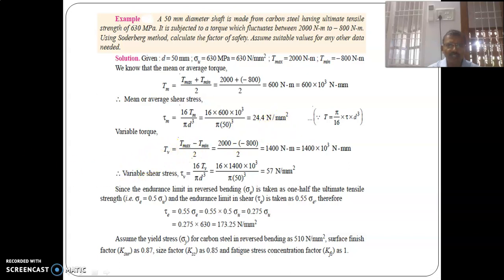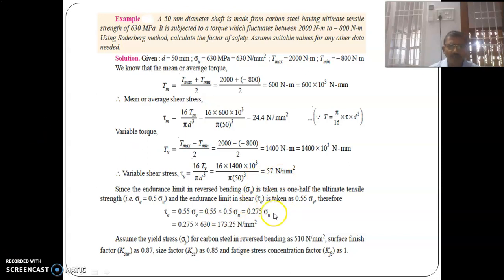Like that, T max minus T minimum, 2000 minus of minus 800, 2800 divided by 2, 1400 Newton meter. So the variable stress, substituting this Tv value in 16 T by pi d cube, you can get the variable stress value tau v.